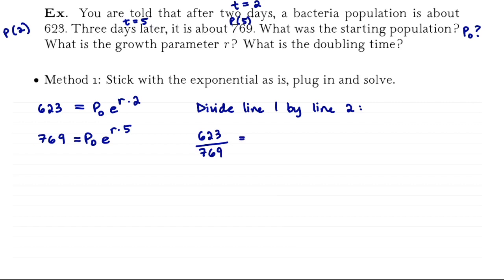And on the right-hand side we'll have, let me first just write the entire thing, so the starting population e to the 2r divided by the starting population e to the 5r. And then the reason we did this is the starting populations canceled out, leaving us with just one unknown. And I can simplify that right-hand side as e to the 2r minus 5r. In other words, negative 3r.